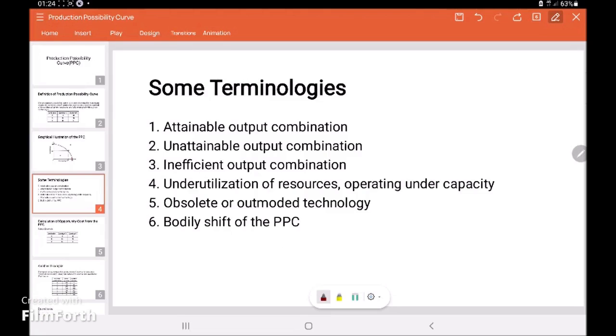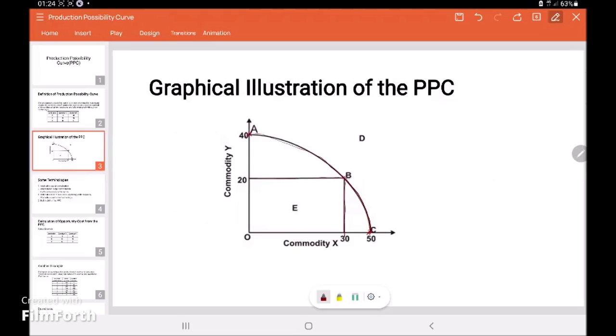These are the combinations that the available resources and the given technology cannot produce, and they lie beyond or above the production possibility curve. Therefore, from this diagram, point D here is the unattainable output combination.